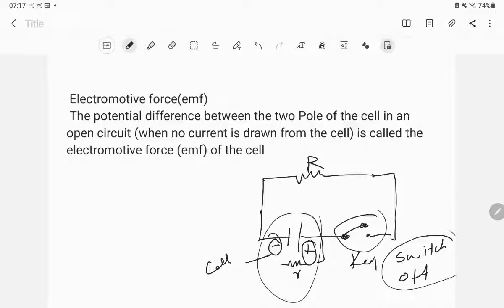Without potential difference, the current cannot flow. So in a cell, there is always a potential difference. So when the cell is not used, that potential difference is called electromotive force. Okay.